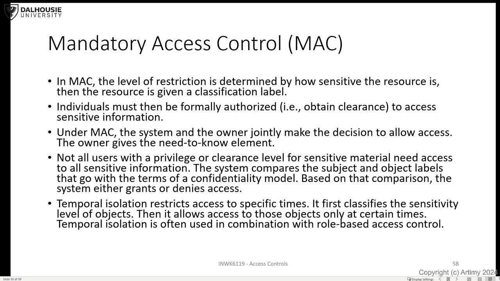So the higher the clearance level you have, the more secret or the more sensitive information you can see. This can be at the organization level, it can be at government level, so it really depends. Every organization may have a different classification system. We see in the media the classification levels of governments, right?